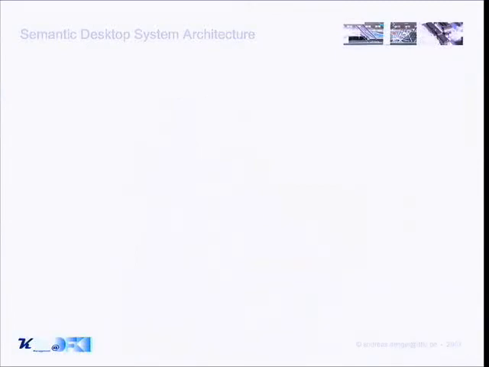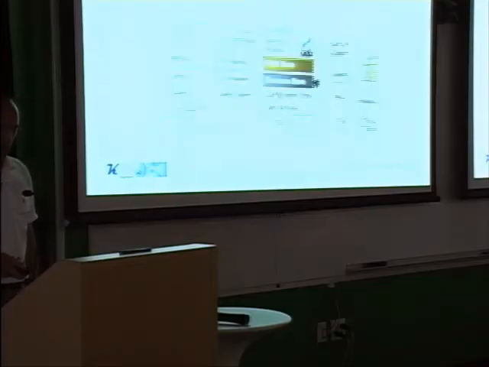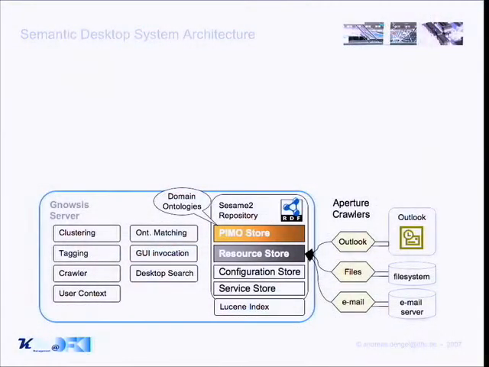Our architecture for this semantic desktop is twofold. The lower part combines the native sources from Outlook, file system, or email server with Apache crawlers. Then we have a kernel of a Sesame 2 repository with the PIMO store, resource store, and a couple of others, and a couple of services, including clustering, tagging, crawler, and so on.